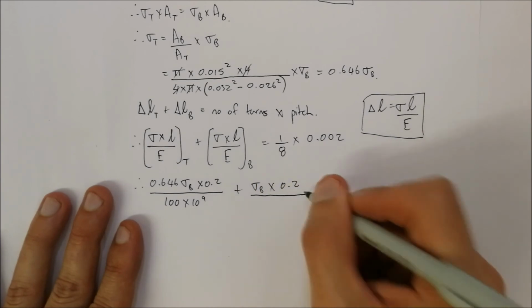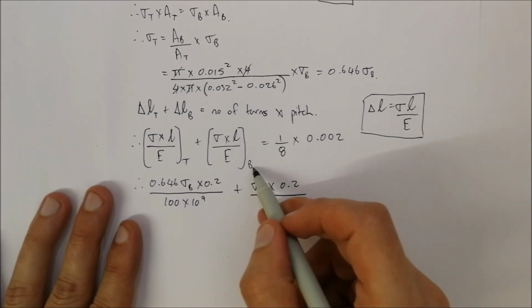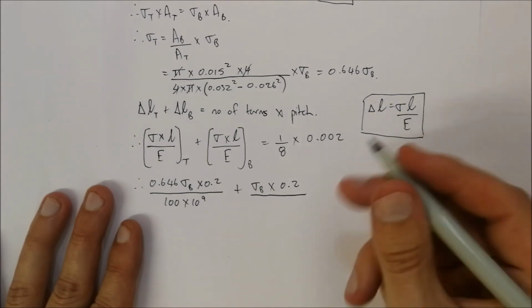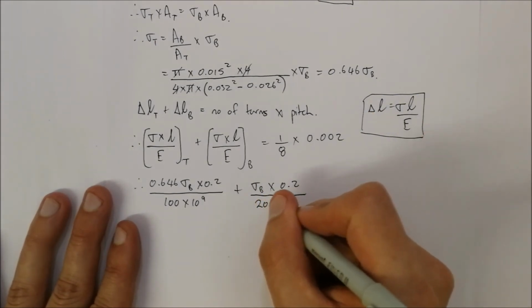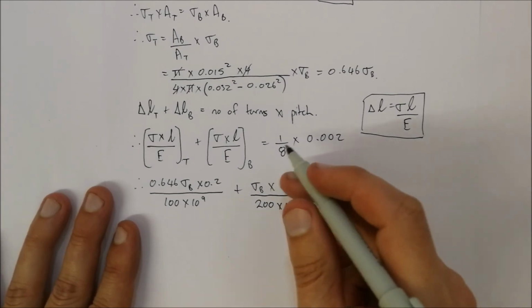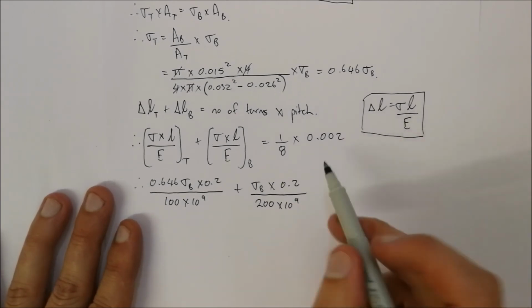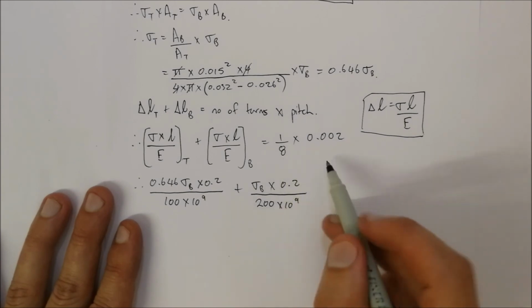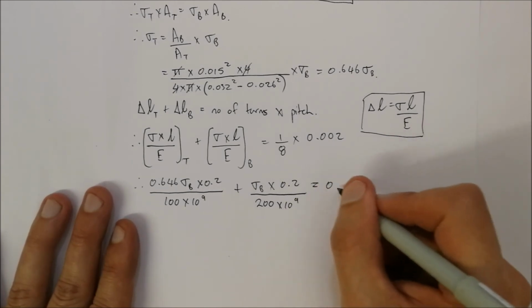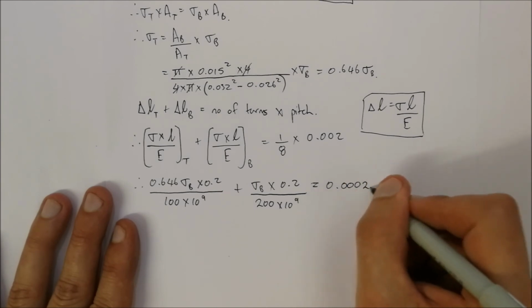And we have the E of the bolt, and the bolt is made out of steel. Okay, so that's 200 times 10 to the 9. And then if we say 0.002 divided by 8, that will equal 0.00025.